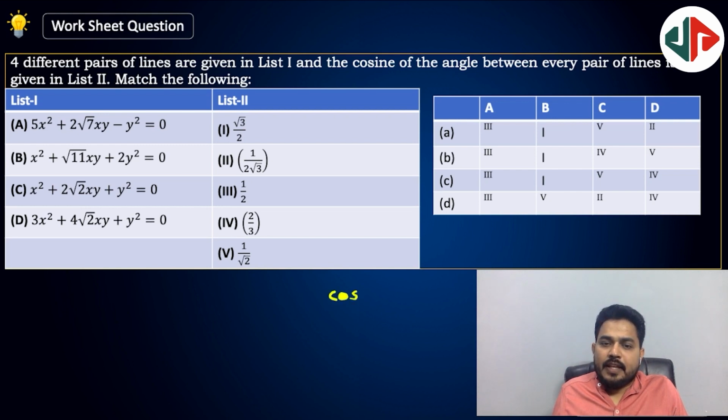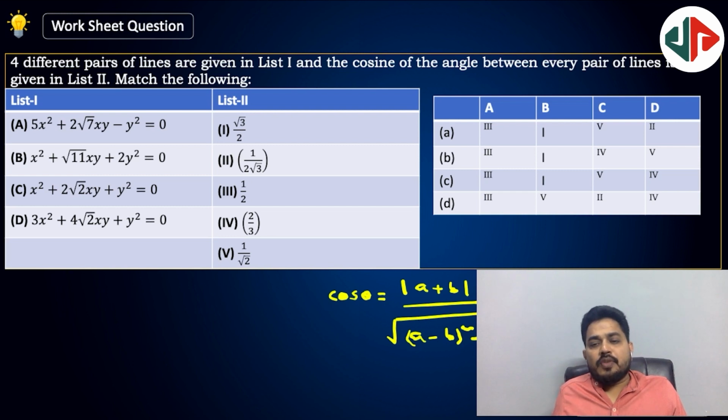That is cos theta is equal to modulus of a plus b by square root of a minus b whole square plus 4h square. So this is the property we need to use.